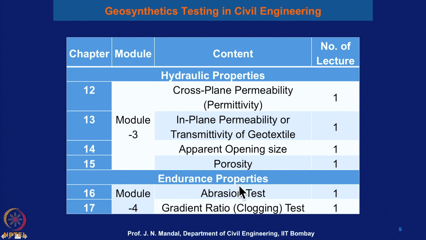Next, we will discuss the endurance properties of geosynthetic material. Chapter 16 is abrasion test, and chapter 17 is gradient ratio, which is called the clogging test.